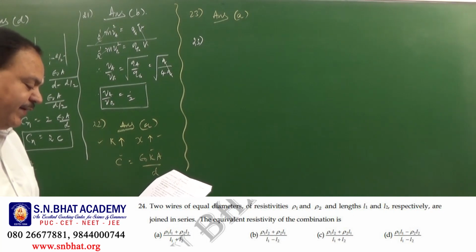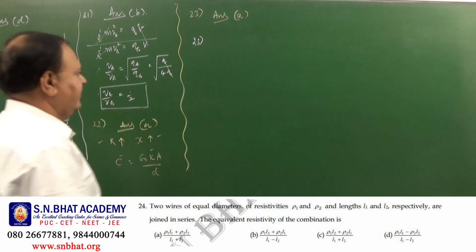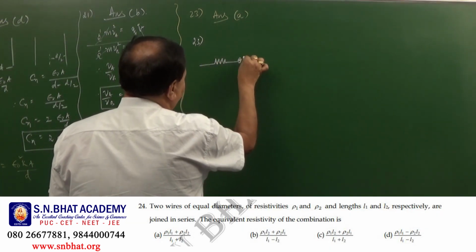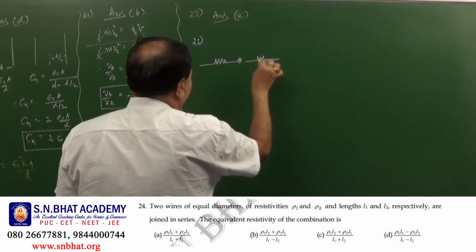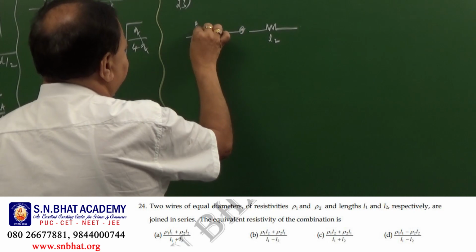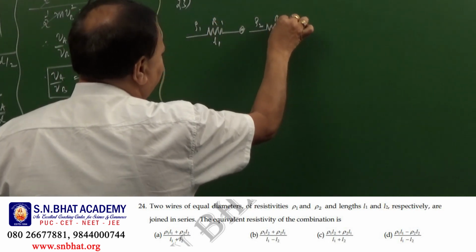They have resistivities rho 1 and rho 2, and the lengths are different. They are joined in series. So one is this wire and another is this wire, one has length L1 and the other length L2, and the resistivity of one is rho 1 and of the other rho 2. It is R1 and it is R2.